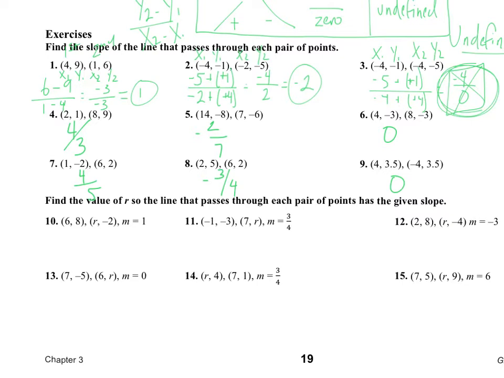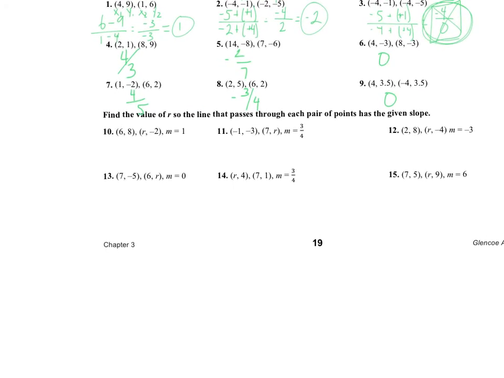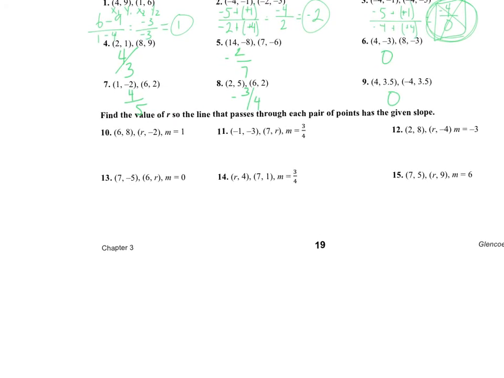Okay, so we're back. Ba-boom, there's all your fun answers there. And this now leads me into the second thing that we can do with slope. Sometimes if we're given particular ordered pairs, but maybe one of the x or y values is left out, we can figure out what it should be if they tell us what the slope is.